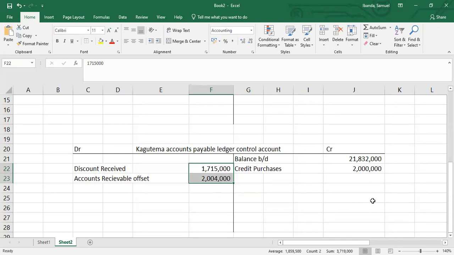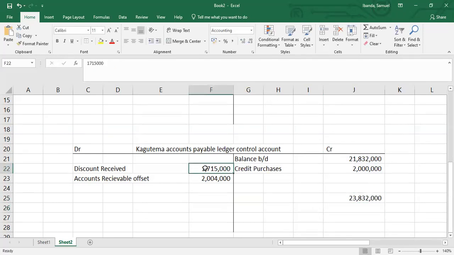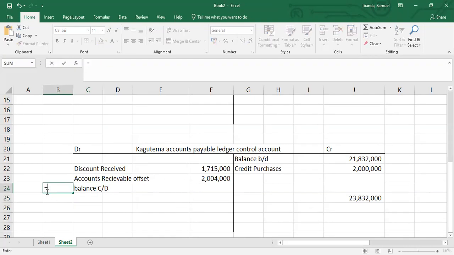So we shall try to get the summation of the two sides. It's a payable ledger control account, so it has a normal credit balance. So this side is higher than this side. So we have a balance carried down, or carried forward. So I'll just get the difference here.